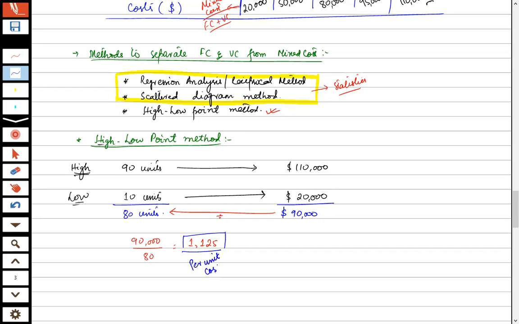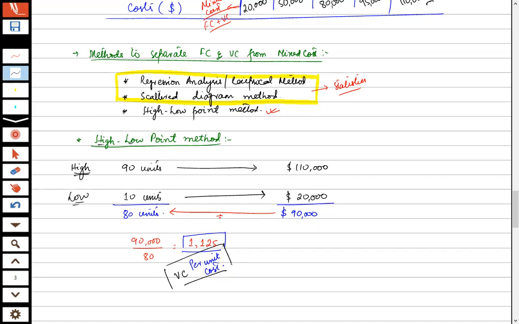Making sense? Are you getting this? Total cost divided by units. So this will be per unit cost, and under the high-low method this per unit cost will be variable cost per unit.